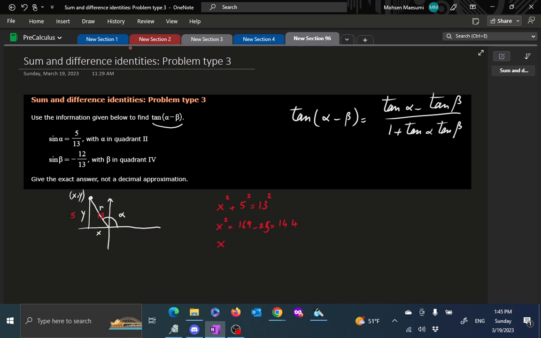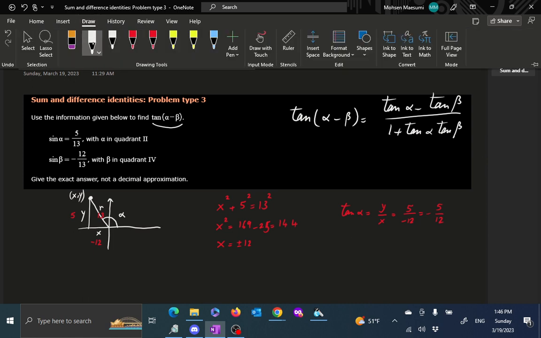So x has to be either plus or minus 12. Given that we are in the second quadrant, we know that x will be minus 12. Now we say that tangent of alpha is a ratio of y over x, and so that's going to be 5 over minus 12, better written as minus 5/12.